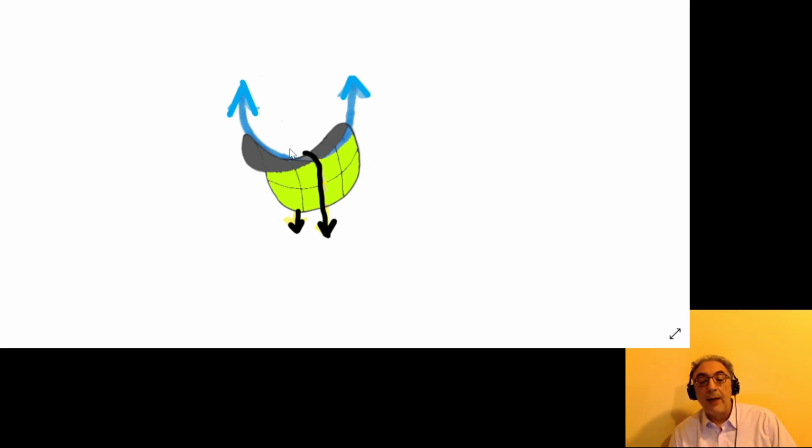And we see that in contrast to the case of a spherical surface, where the orientation is the same, in the case of a saddle, hyperbolic surface, the orientations are opposite to each other, as it is obvious from this picture.